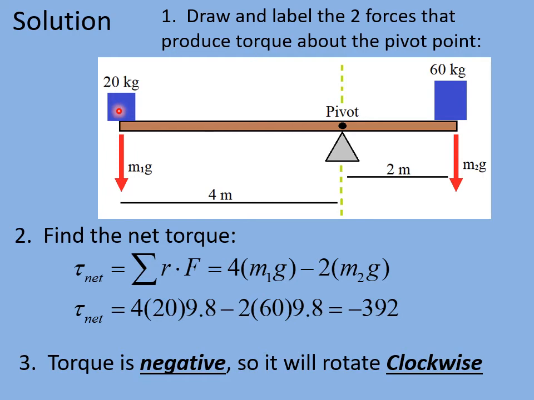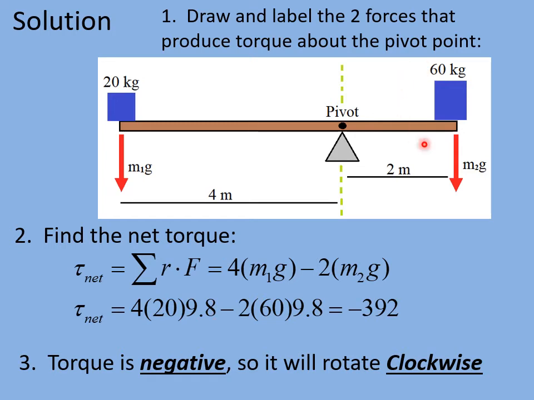Remember, we defined positive torque as one that causes a counterclockwise rotation. The radius is 4 meters. I got that because I know the whole thing was 6, and we were told this was 2, so this must be 4 meters. Then we multiply the radius times the force, and the force is m1g, where m1 is 20 kilograms and g, of course, is 9.8.